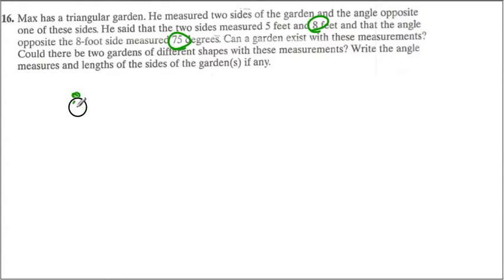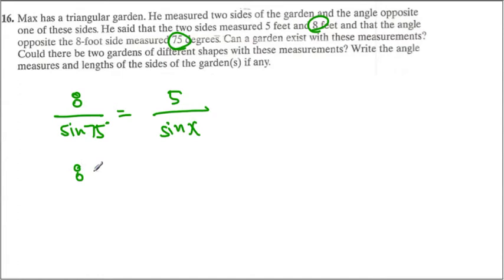So we are looking at 8 over sine of 75 has to be equal to 5 over sine of x. So let's try to look into this together. So we get 8 sine of x must be equal to 5 sine of 75.